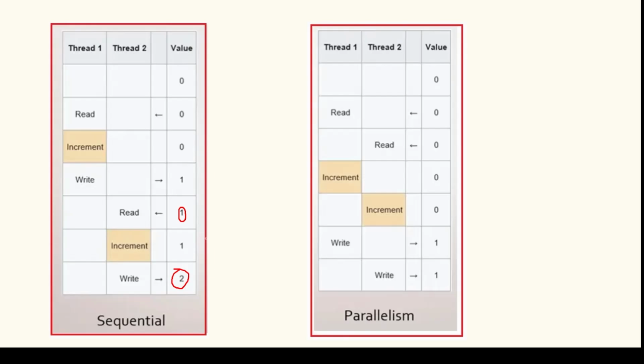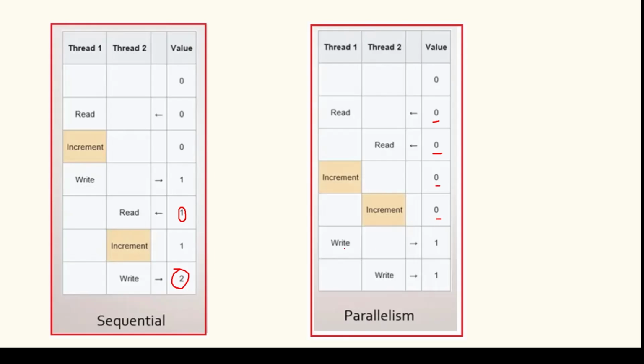But when we are running the two threads in parallel, what will happen? The value is 0, and thread 1 reads the value as 0. Because thread 2 is also running, thread 2 will also read the value as 0. So both threads have the value 0. When they do the increment operation, total plus plus, they will increment on 0.